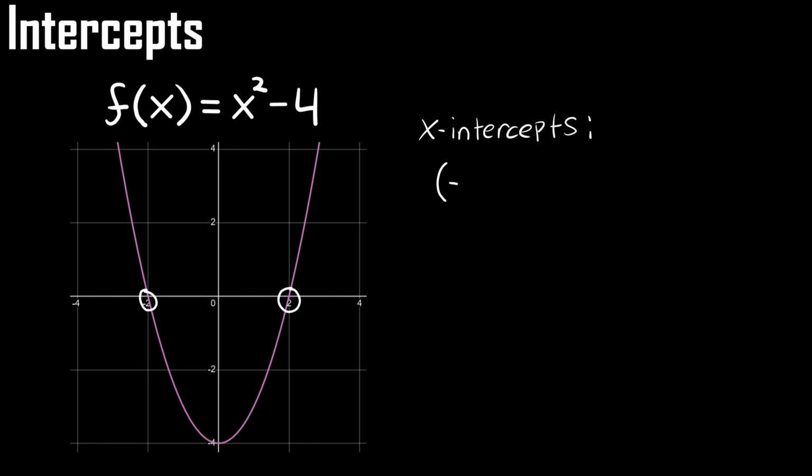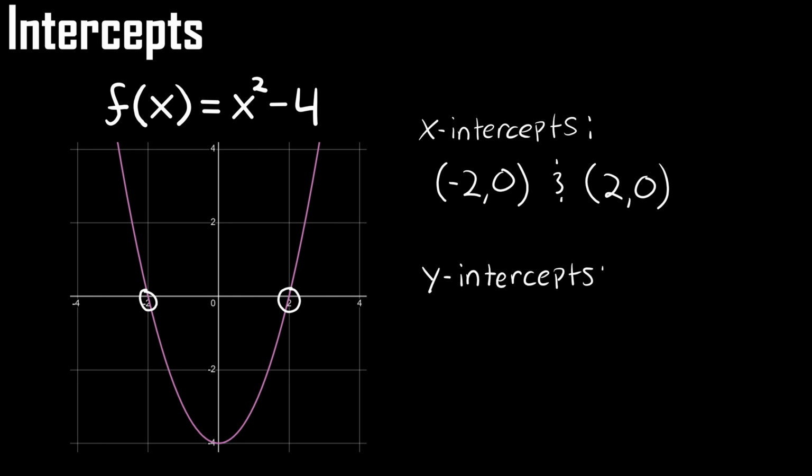So they would be -2, 0, and 2, 0. Now our y-intercept will be all the way down here at 0, -4.